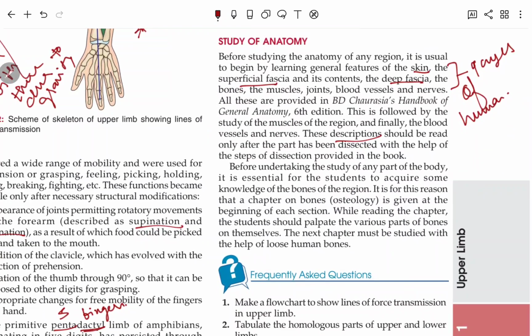Before undertaking the study of any part of the body, it is essential for the students to acquire some knowledge of the bones of the region. It is for this reason that a chapter on bones, osteology, is given at the beginning of each session. While reading the chapter, the student should palpate the various parts of bones on themselves. So you can feel, yeah, this part is here, you need to connect all the things. The next chapter must be studied with the help of loose human bones.